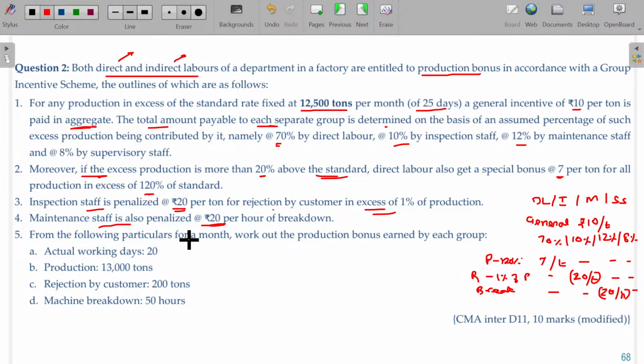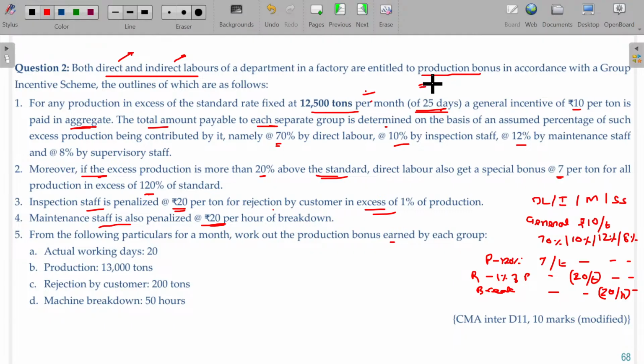From the following particulars for a month, work out the production bonus earned by each group. Actual working days being 20, production being 13,000 tons. Rejections by customers, all this information is given here. For 12,500 tons produced, this is the standard for how many days? 25 days. Now divide this by this.